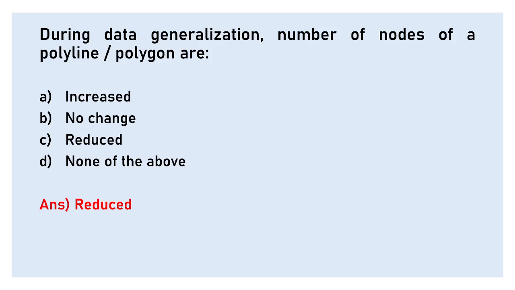The answer is reduced, because we are generalizing the data, so we don't need multiple data sets which might be very similar to each other. So the number of nodes will be reduced. We might have a more representative node, let's say 5 nodes are there, so one node will be more representative of all the 5.